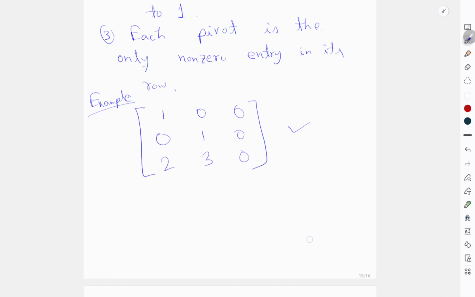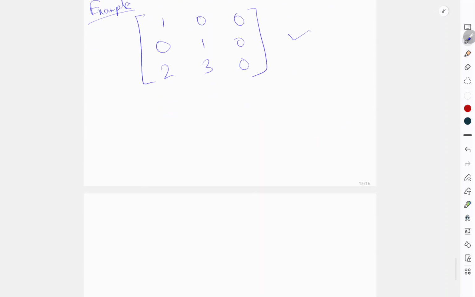Okay, next we'll discuss the rank of a matrix. So what is the rank of a matrix?